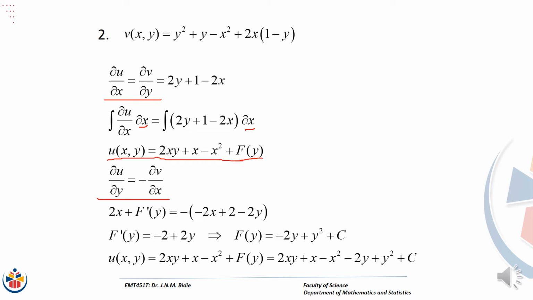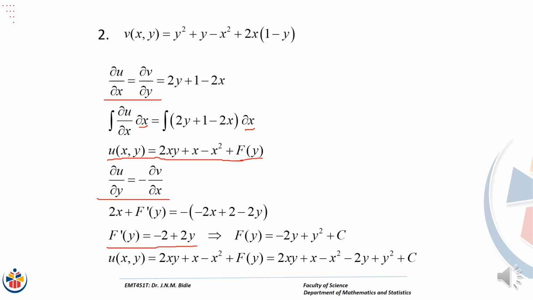That means remove the bracket altogether. And then make f prime of y the subject. So the left hand side will be 2x minus 2 plus 2y, and the right hand side is 2x plus f prime of y. So if we make f prime of y the subject, we get minus 2 plus 2y.